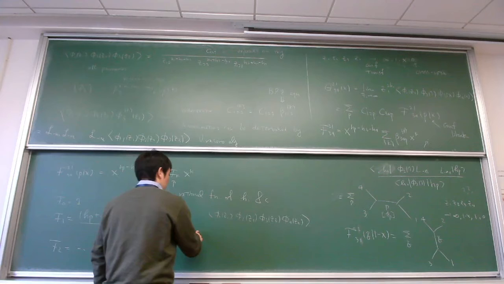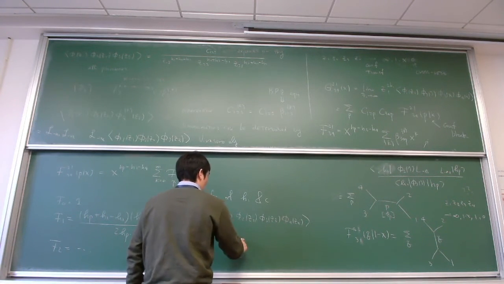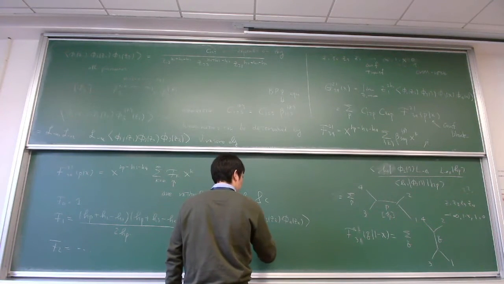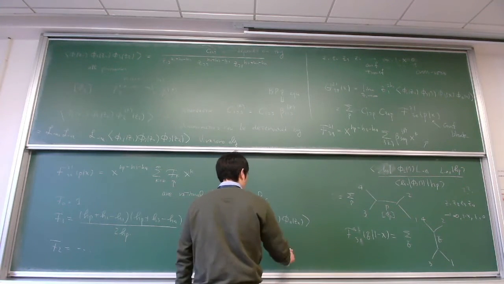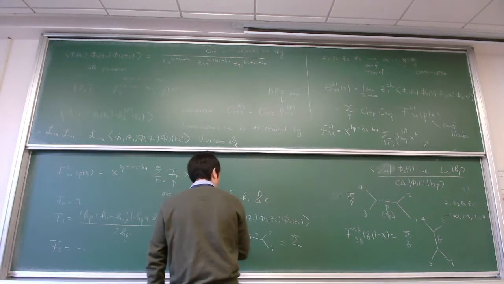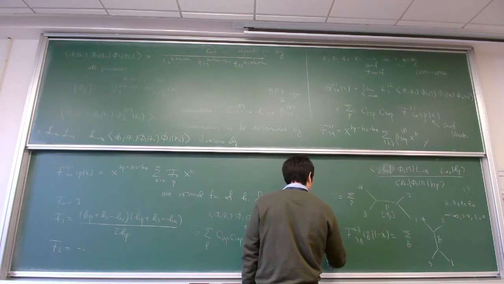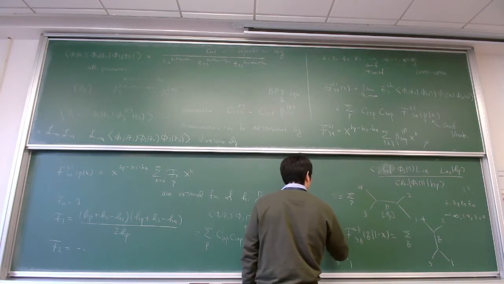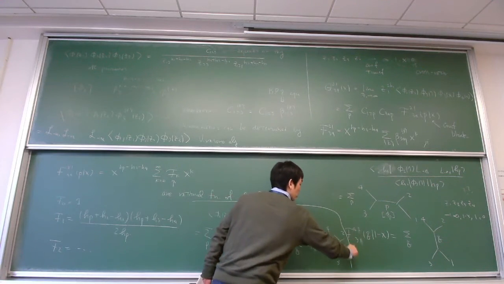It can be written schematically as C12P, C34P, and then this guy P 4, 3, 2, 1. Or you can have this is P and this is Q, C13Q, C24Q, and this guy 3, 1, 4, 2. So this is the 4-point function.